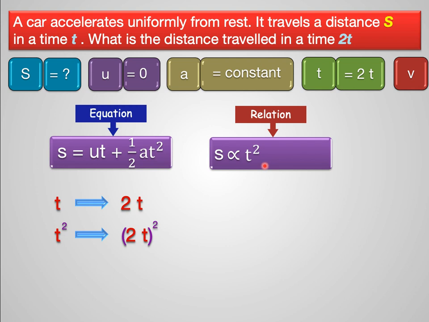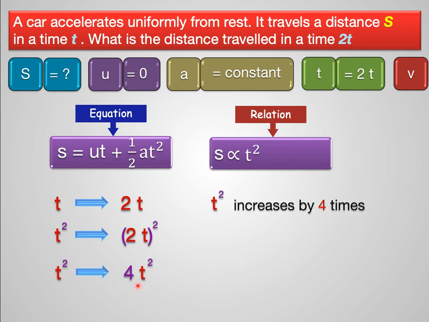Now I'm going to remove the bracket, so you get t square will become 4 times t square. 2 to the power 2 is 4. T to the power 2 is t square. T square value now increased by 4 times. So t square increases by 4 times.